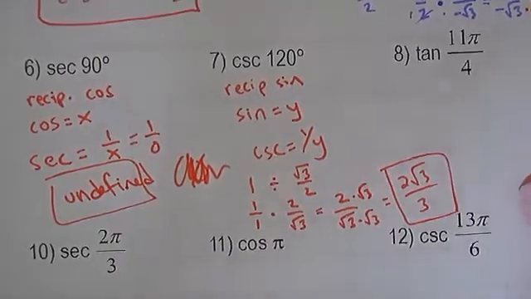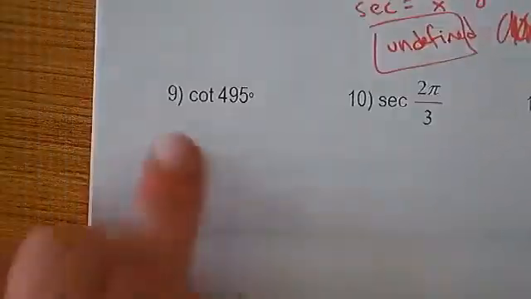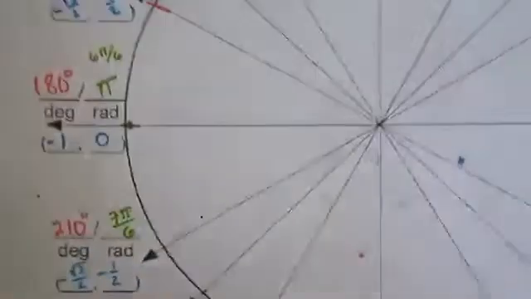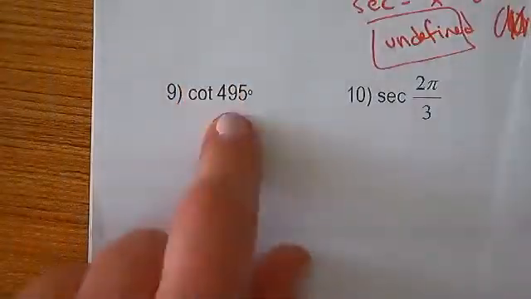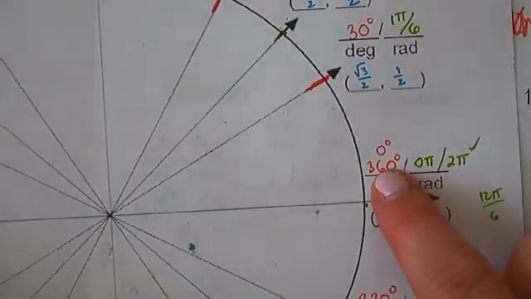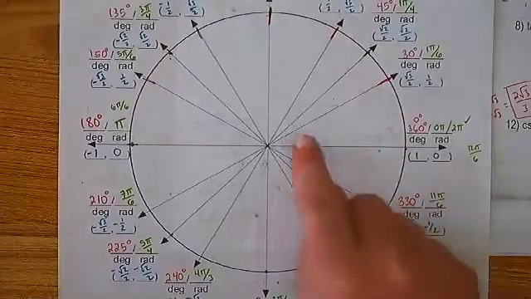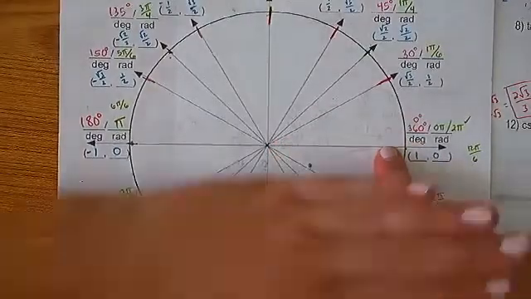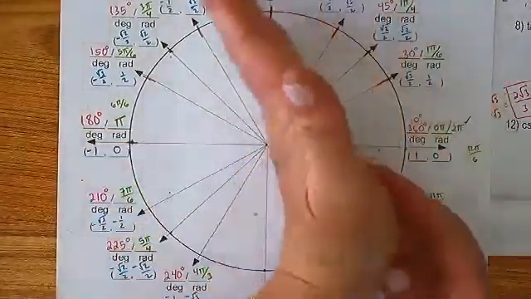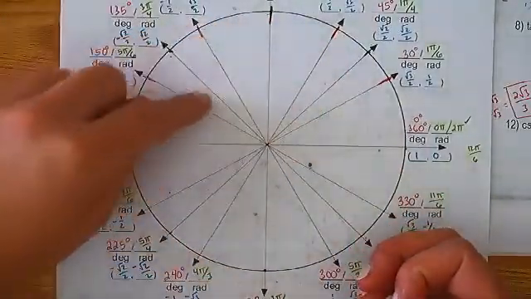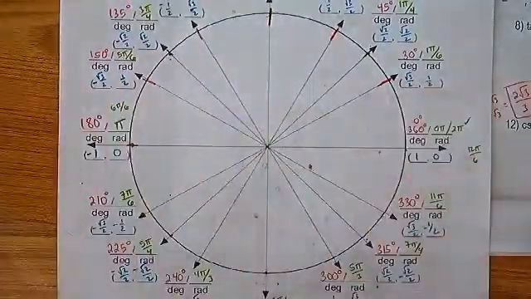All right. Let's see. What would you do with something like this? Where on earth on the unit circle is 495? The biggest degree I see is 360. So what does that mean? If you guys see a value bigger than 360, that means that from this initial ray, we opened up an angle, we went a full 360, and then we kept going. So this is a huge angle.